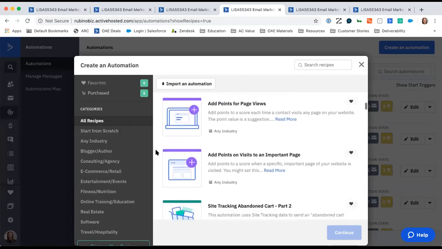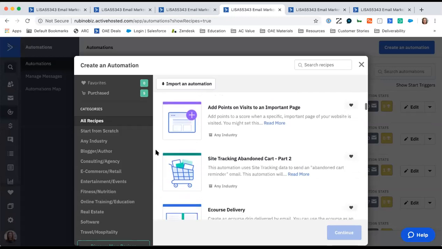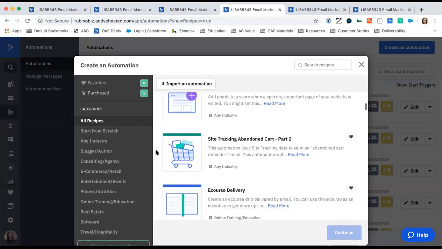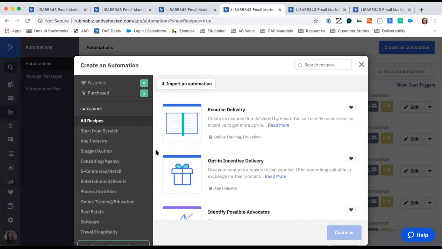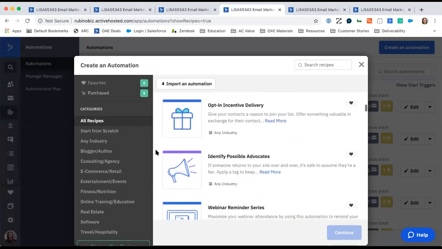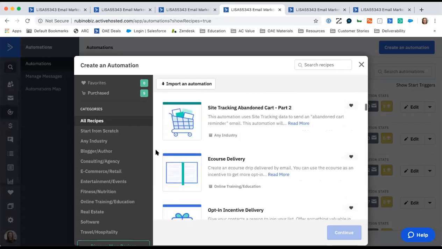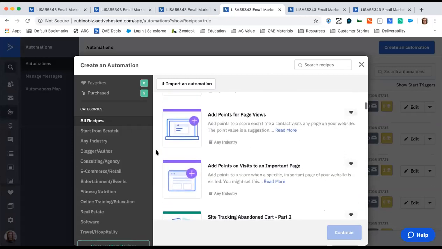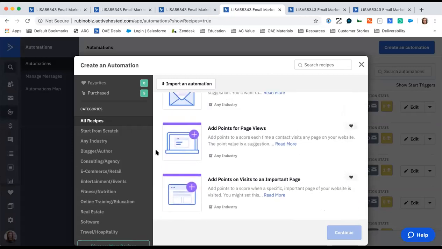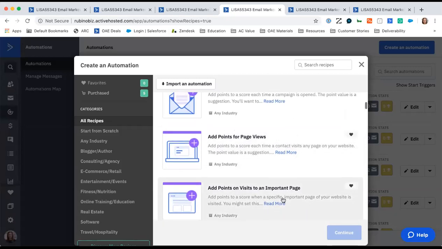Now you're seeing all these add points. ActiveCampaign has something called lead scoring. So if you want to start tracking or assigning points to your contacts based on what they're doing, for example, we can start assigning scores, and then that can help you leverage that data for your outreach. As you're seeing here, let's add some points for page views, or maybe they visit your donation page.